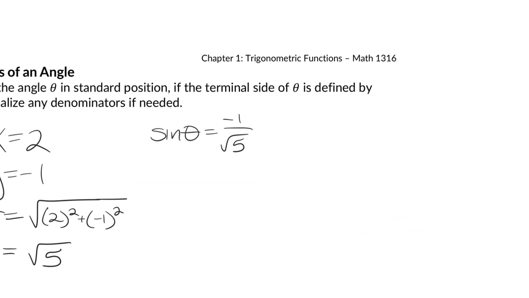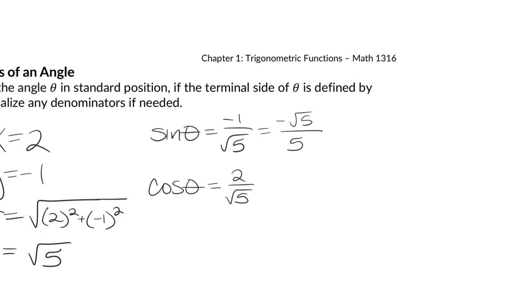In which case, if we're writing this number, we would move the radical to the top, rewrite the denominator without the radical. If we were writing cosine of theta, it is x over r, and so same thing, we need to rationalize our denominator.